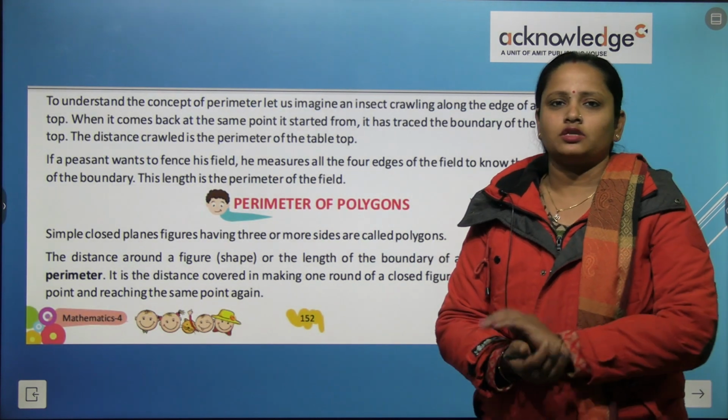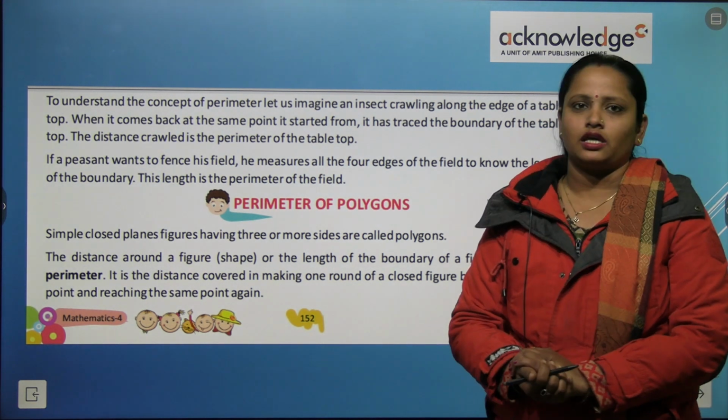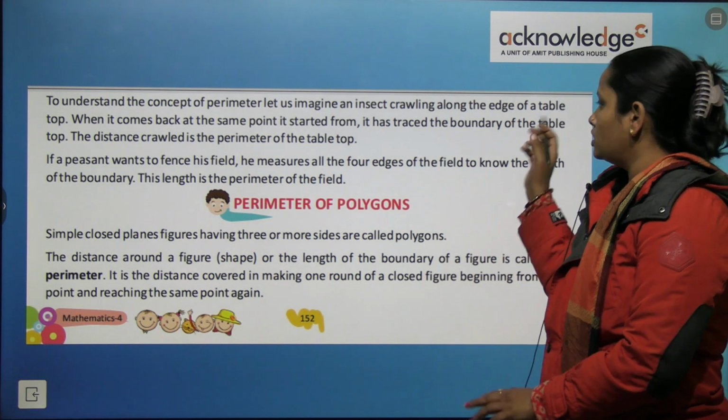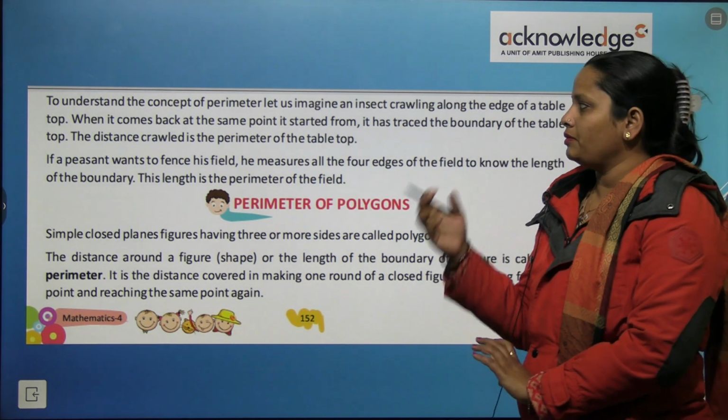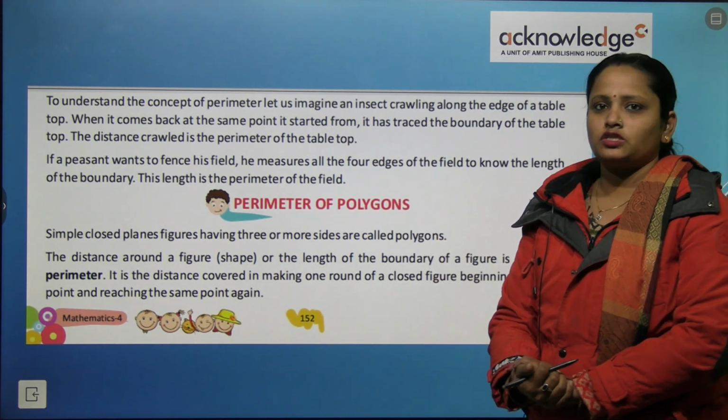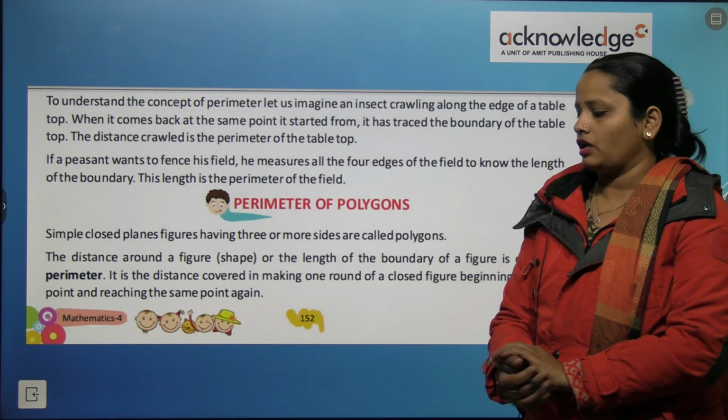To understand the concept of perimeter, let's imagine an insect crawling along the edge of the tabletop. So पेरीमीटर को इजीली समझने के लिए हमें क्या करना होगा, एक एग्जांपल लेते हैं एक इंसेक्ट का जिसमें वो एक टेबल के ऊपर क्रॉल कर रहा है.